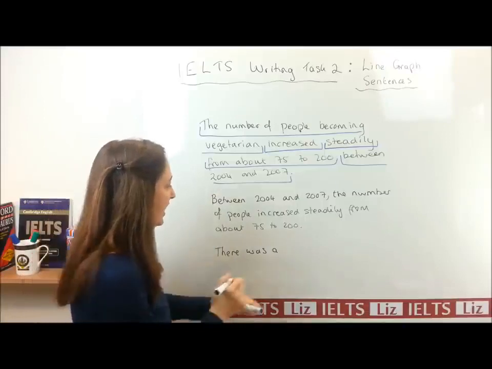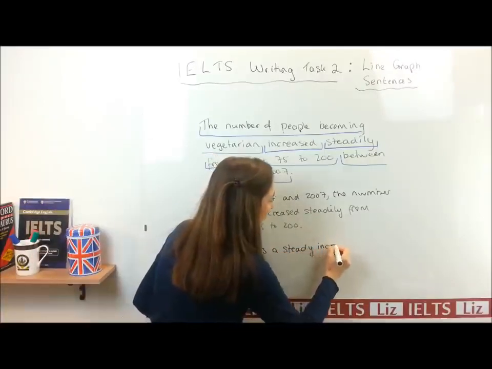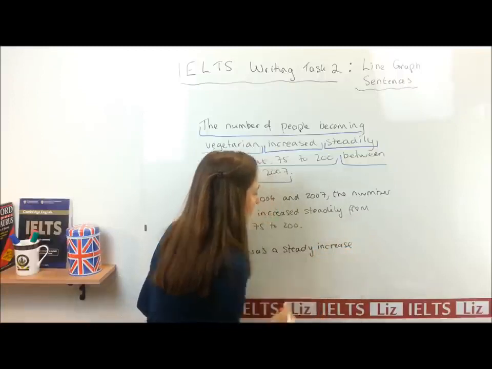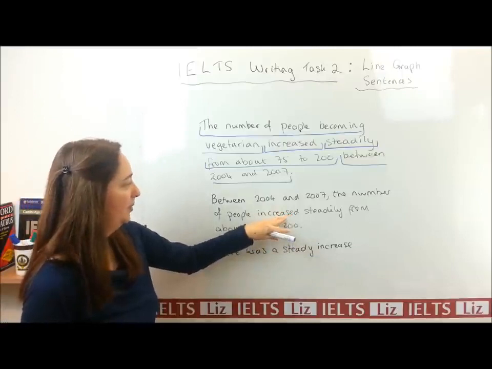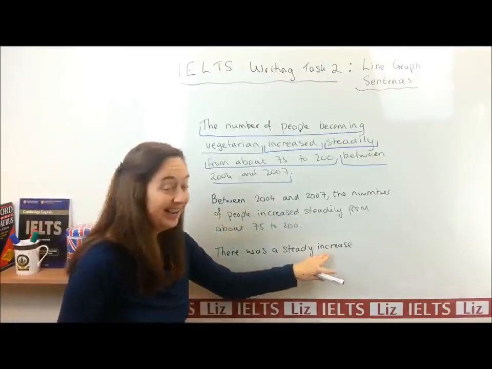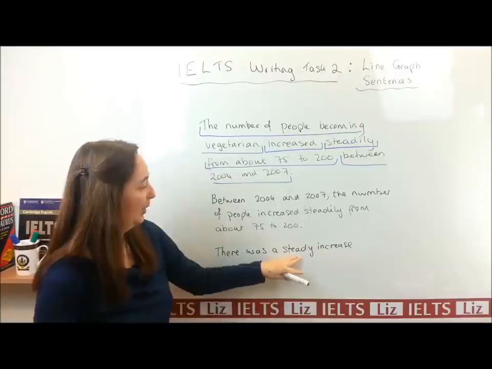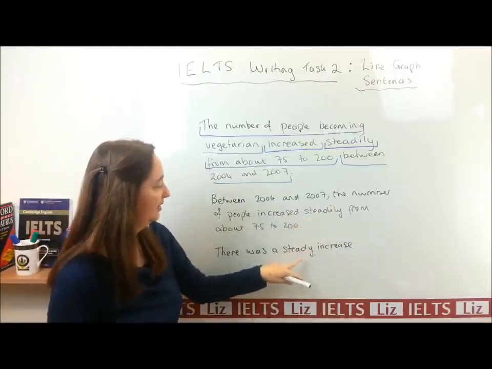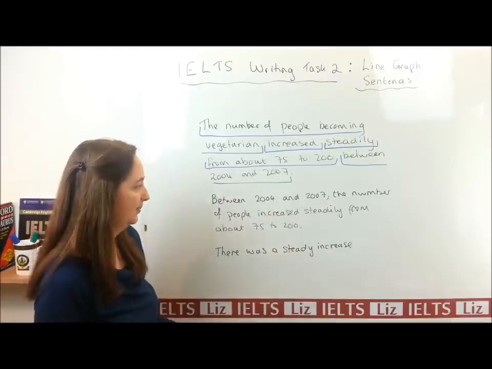So there was a steady increase. So again, very important. Remember, if it's a verb, you have the adverb afterwards. If it's a noun, you have the adjective in front. And we change from steadily to steady. So there was a steady increase.